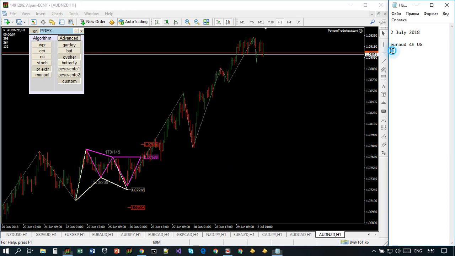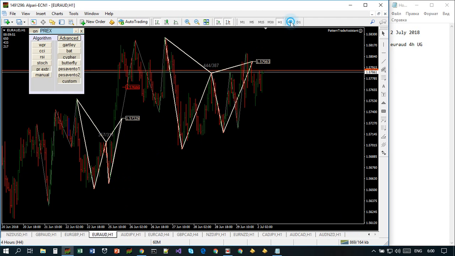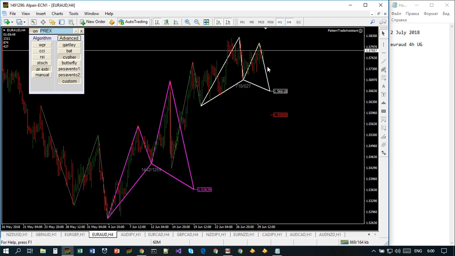Okay, it seems to me that Euro Aussie 4 hour is the only one that is setting up, but it is pretty far from completion. This is the only pattern for today.